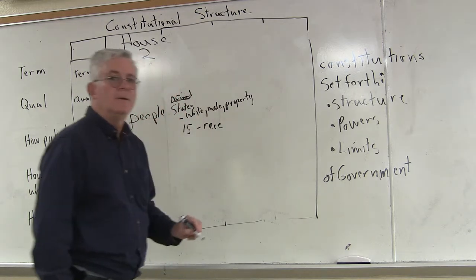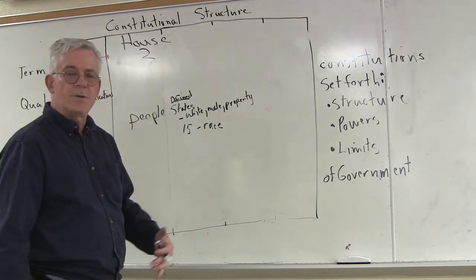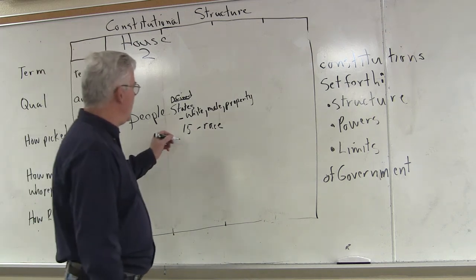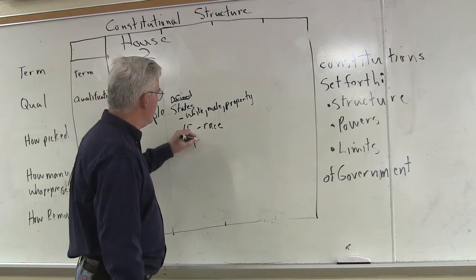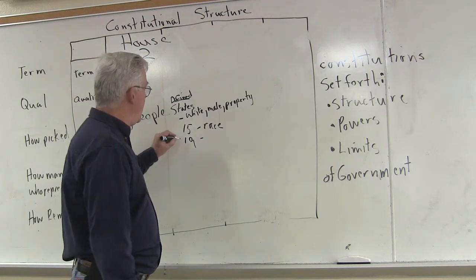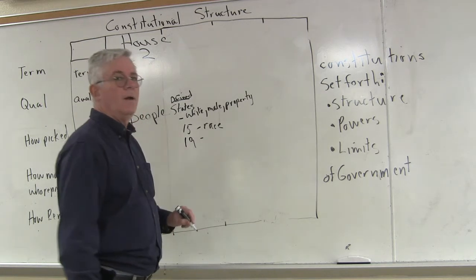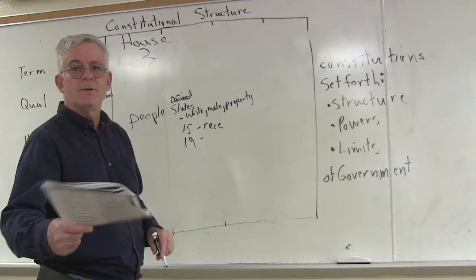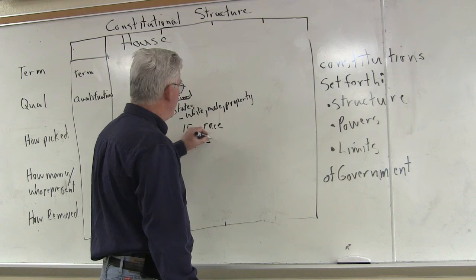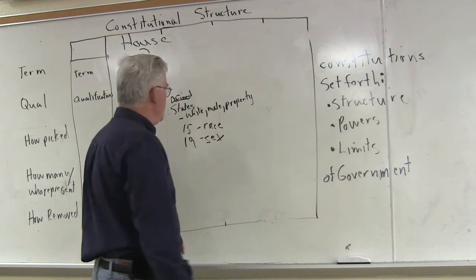Now we go a little bit farther in our history, 1920, 21, I forget. The 19th Amendment. What does the 19th say? You can't restrict voting on the basis of, I know you're all going to say gender, the amendment says sex. You can't restrict voting on the basis of sex.